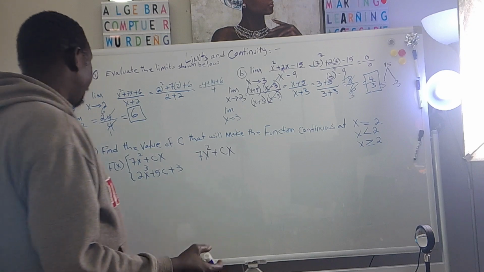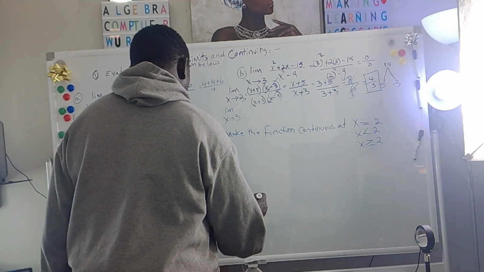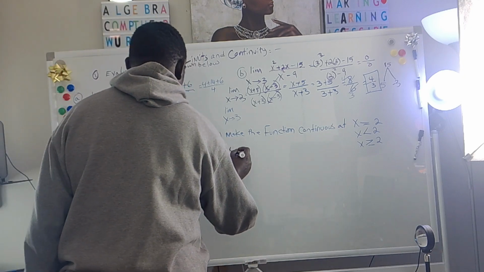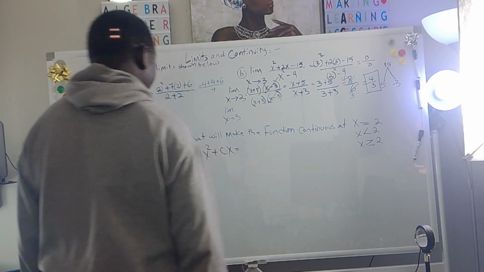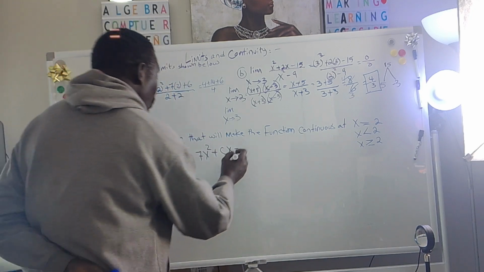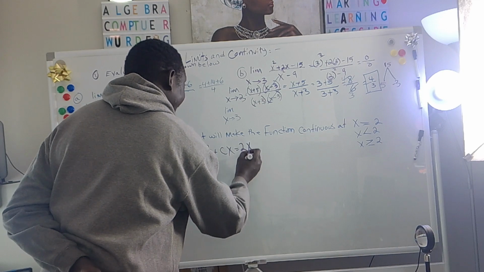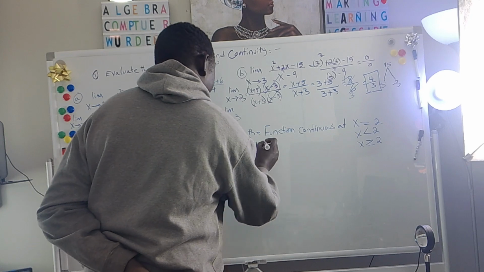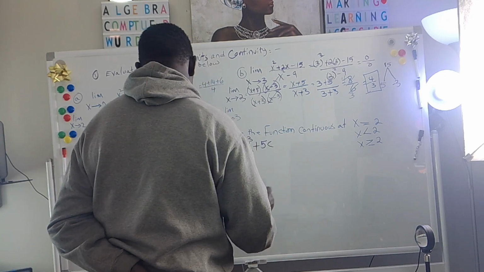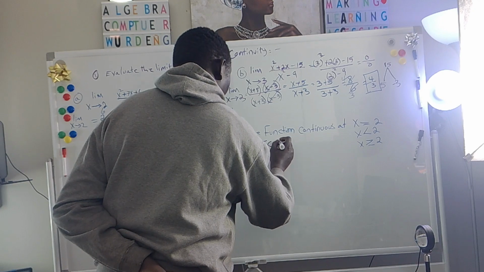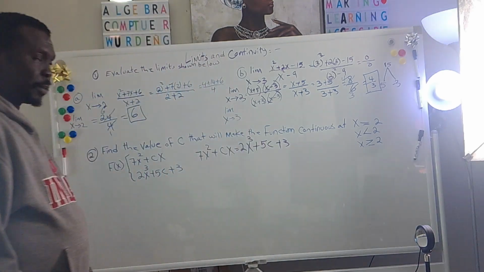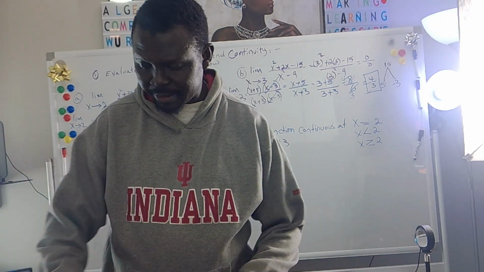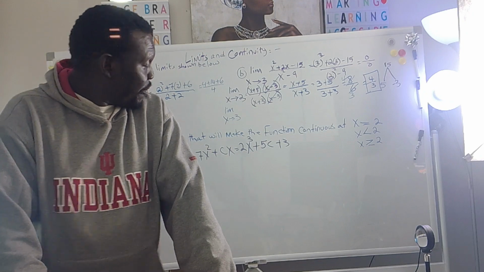Put an equal sign here: 2x cubed plus 5c plus 3. Look at that. Let us see how we are going to work this example.